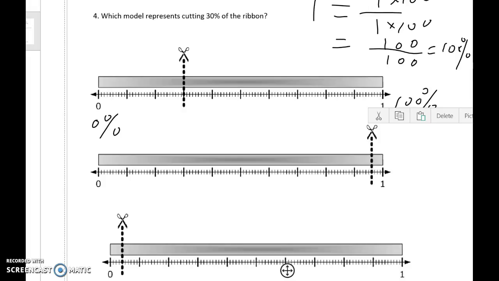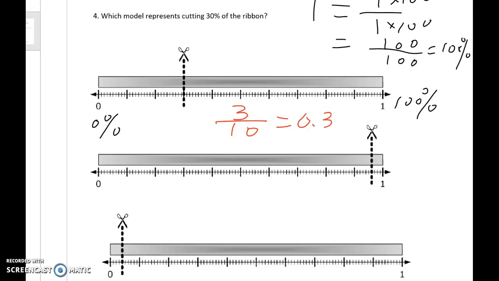So the first one, we count how many parts do we have? We have 1, 2, 3 parts. So now if we have 3 parts out of 10 parts, and now we wanted to change it into a percent, it is over 1 times 100 times 100.